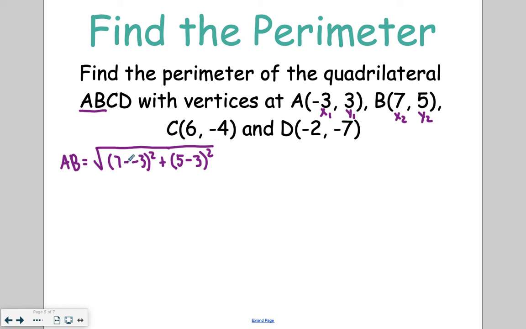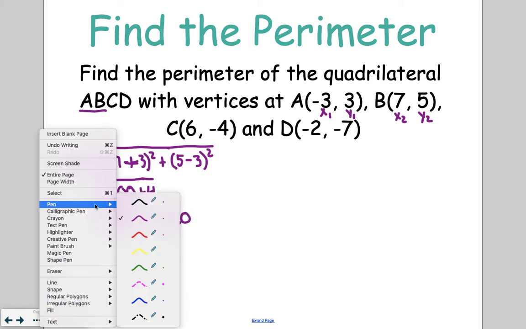So we've got 7 minus negative, which turns into a positive. So 7 plus 3 is 10, squared is 100, plus 5 minus 3, which is 2, squared is 4. So we are looking at the square root of 104, which is going to give us an answer of 10.20.